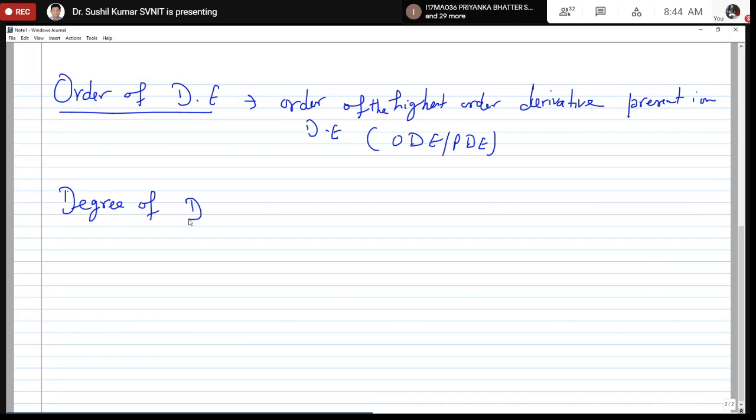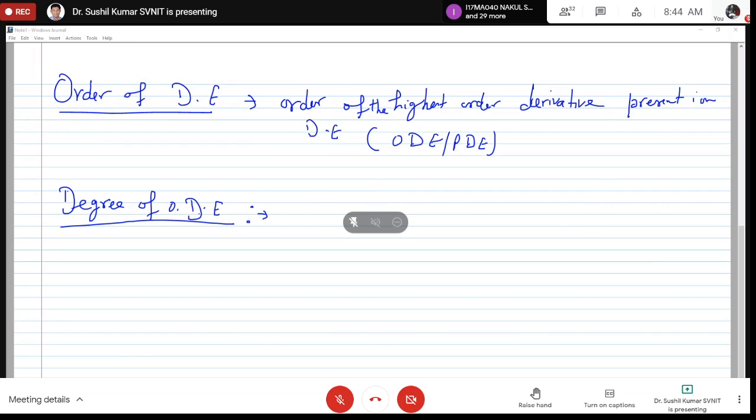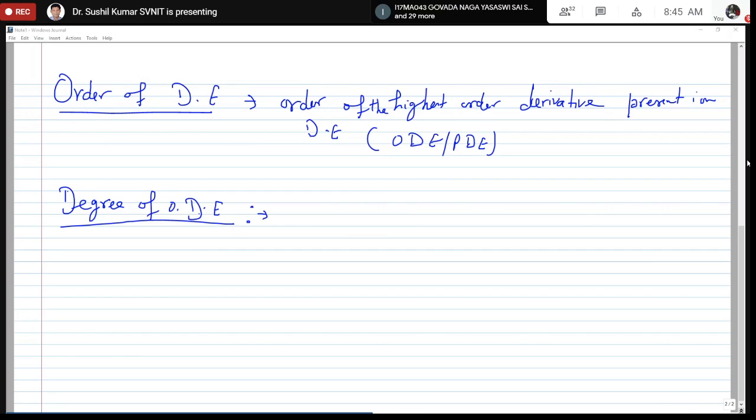Now next one is the degree of a differential equation. So first define the degree of ODE, because you have already studied ODE, so first we'll define it for ODE, then we'll move to PDE. So anybody, what's the definition of degree of ODE? Power of the highest derivative, sir.